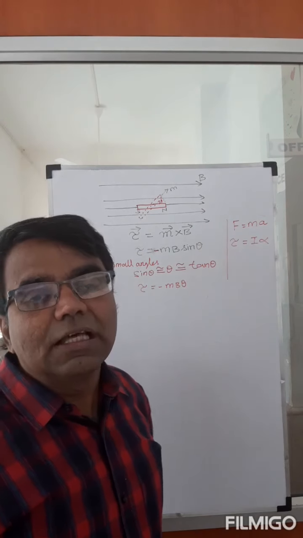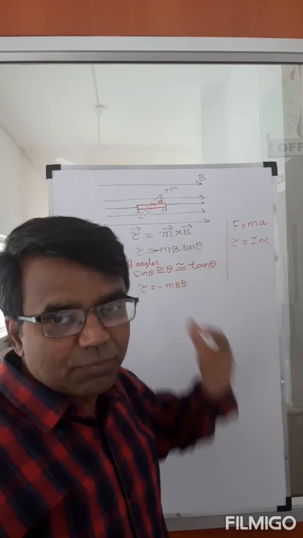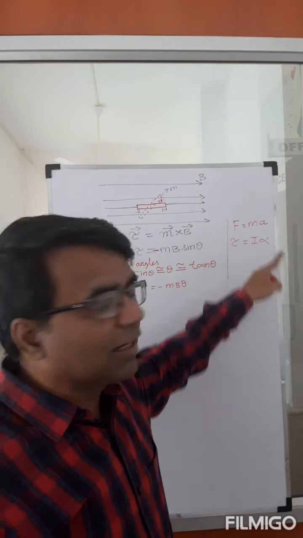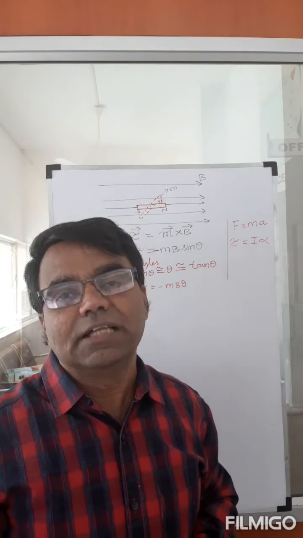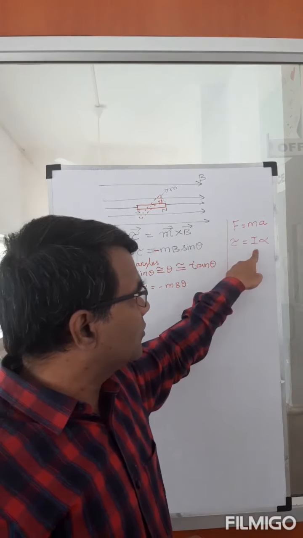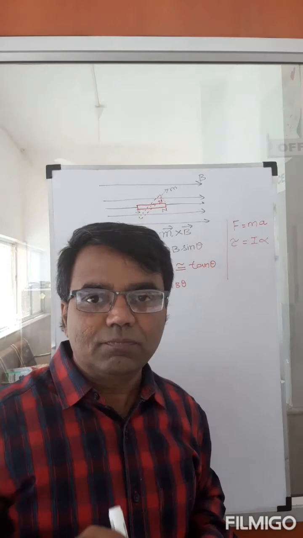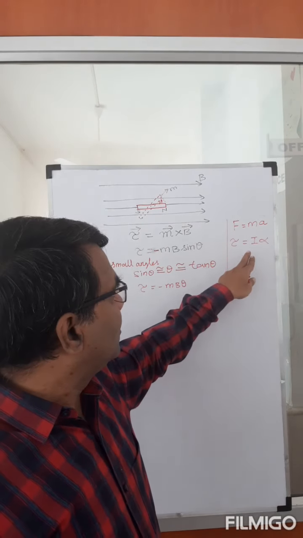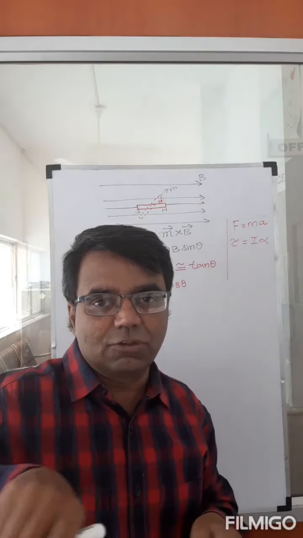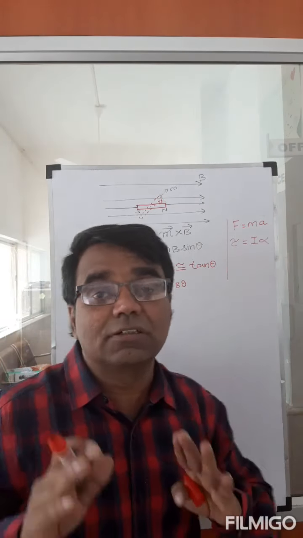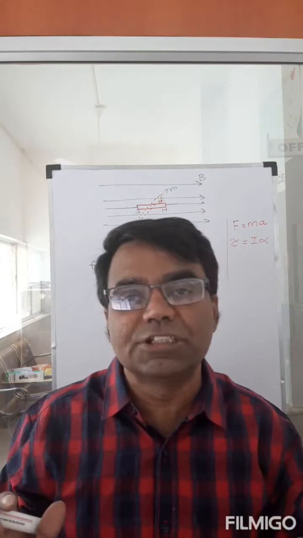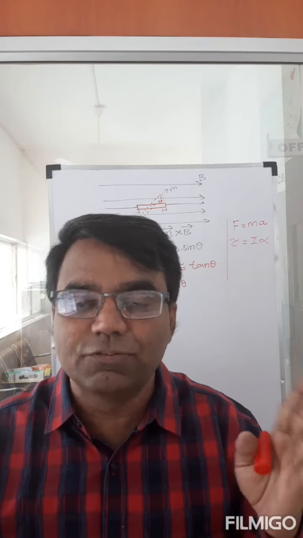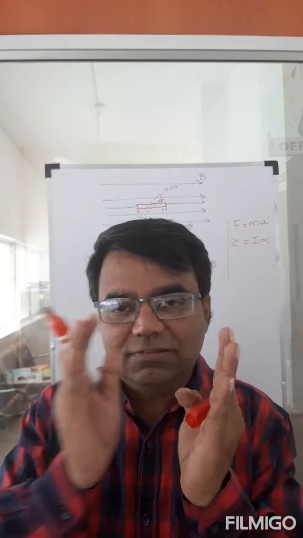I is the moment of inertia of the body, and alpha is the angular acceleration. This is the moment of inertia about the axis of rotation or oscillation. You can have different moments of inertia for different axes of rotation, but let's not even get there.